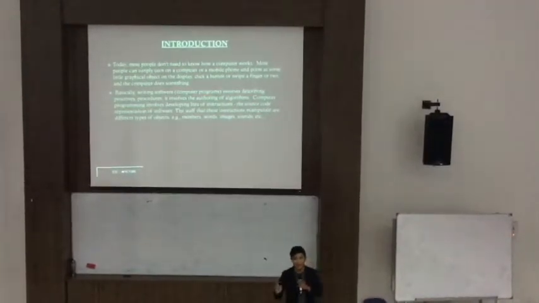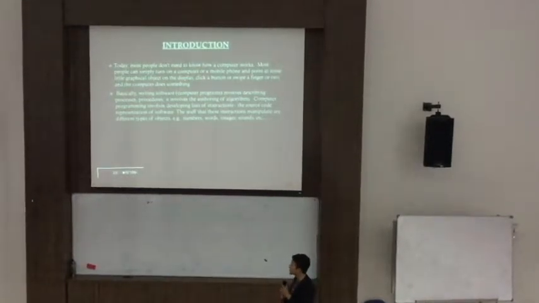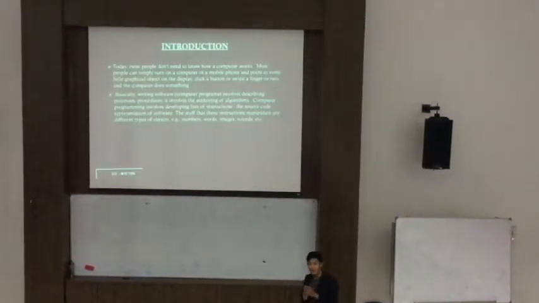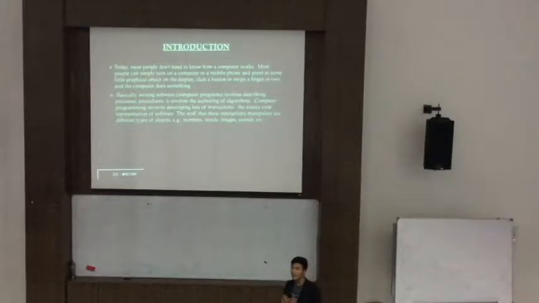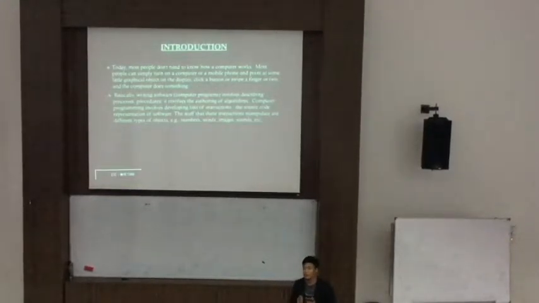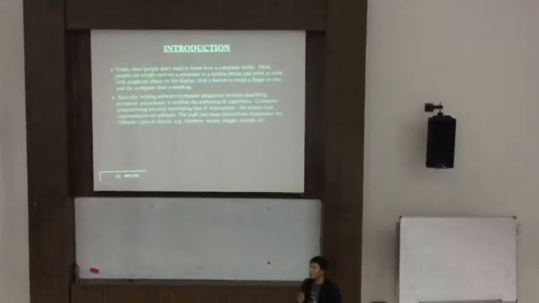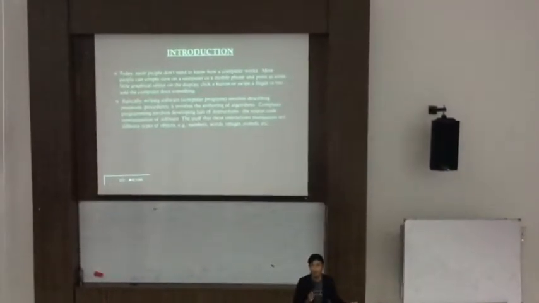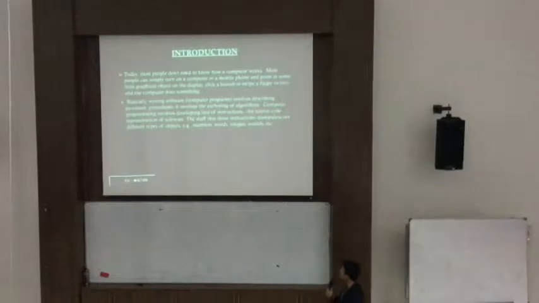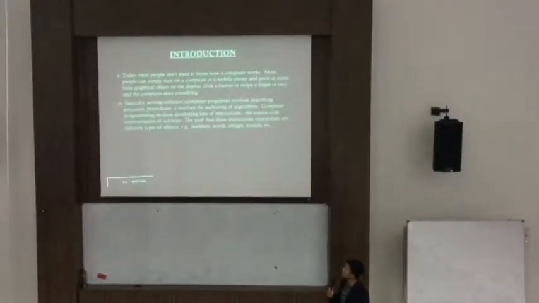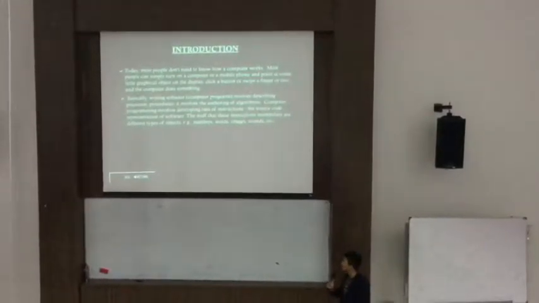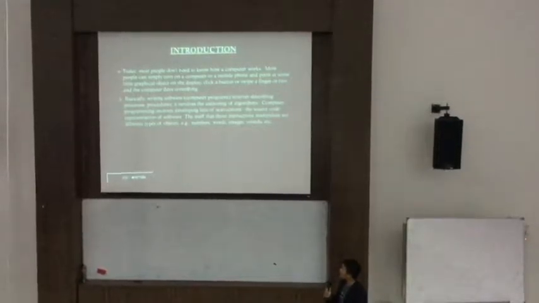It needs a program, which is what we study in engineering, mechanical engineering. There are subjects called computer programming. So by using computer programming, we will know how the computer works. Basically, writing software involves describing processes. What I tell you is about programming.